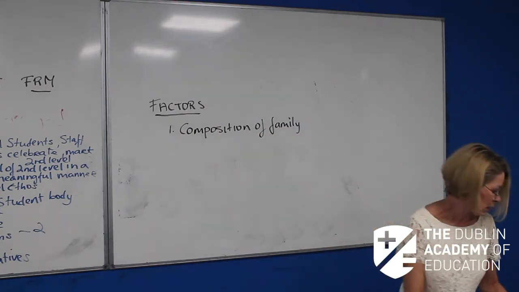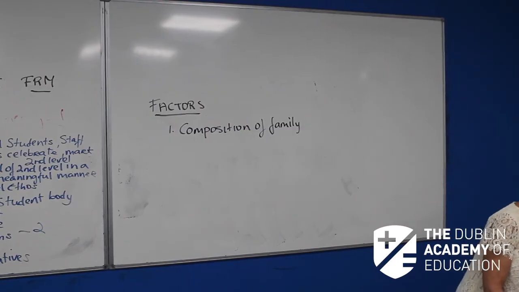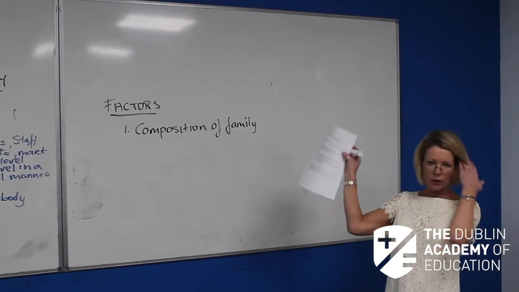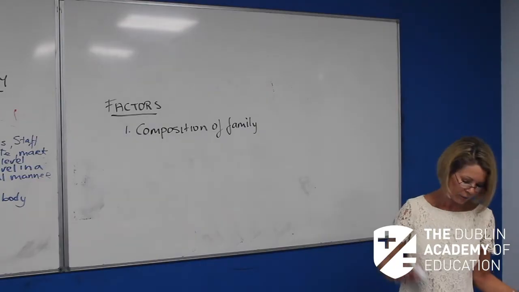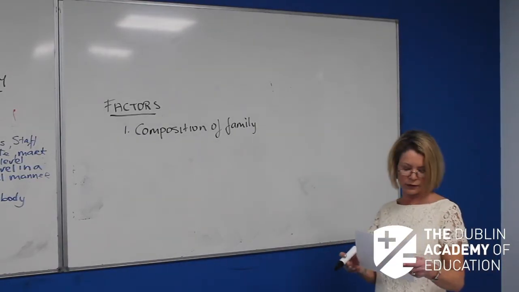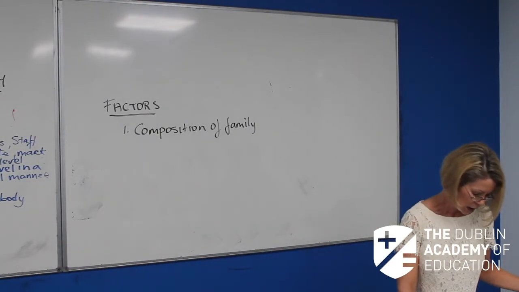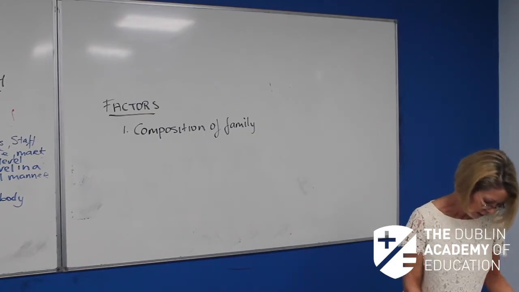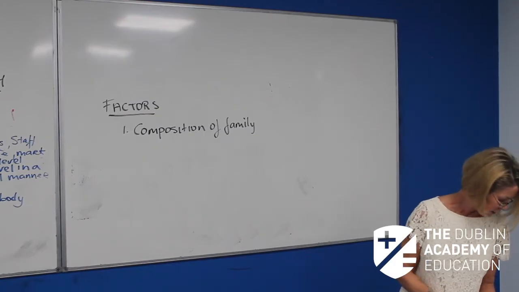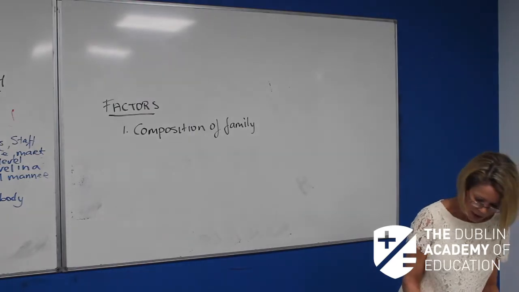And you'll see on page 1 of your notes for this that we have the factors for families making decisions like this. And sorry, I've lost my page here now.